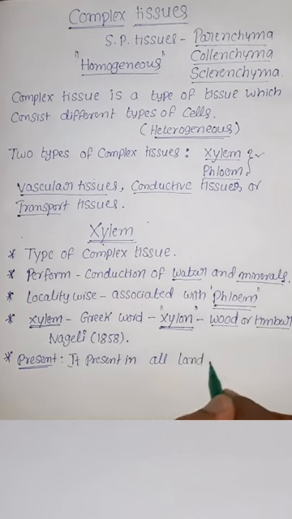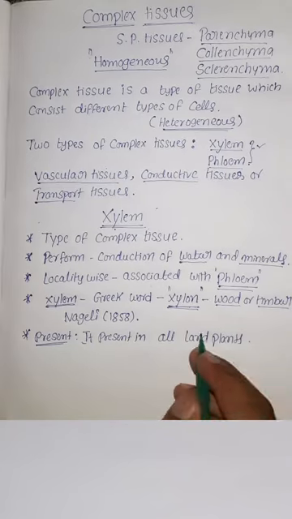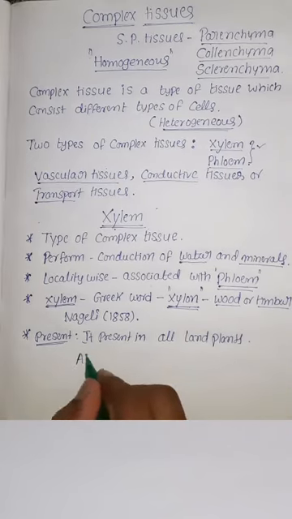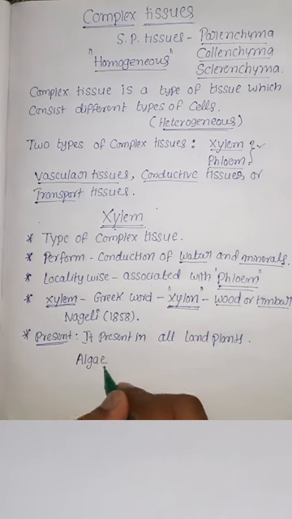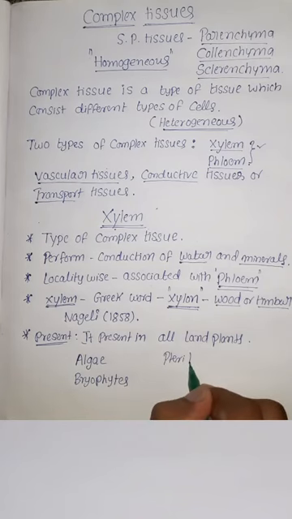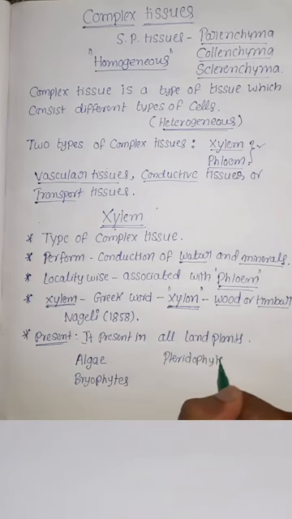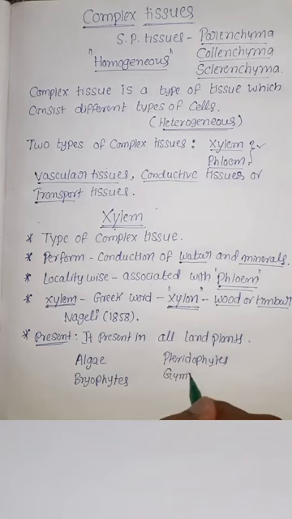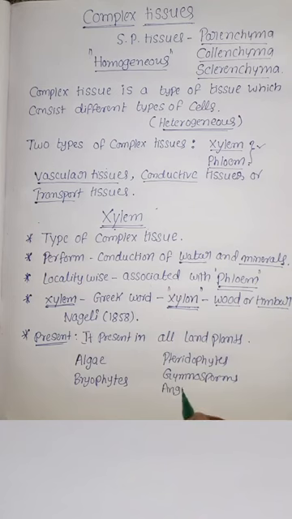We have five groups of plants: algae, bryophytes, pteridophytes, gymnosperms and angiosperms. These are the five broad groups of plants.